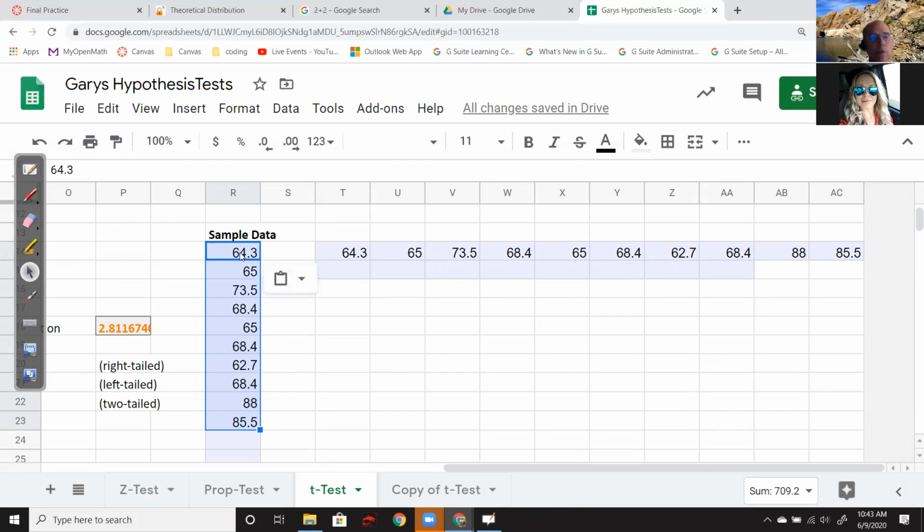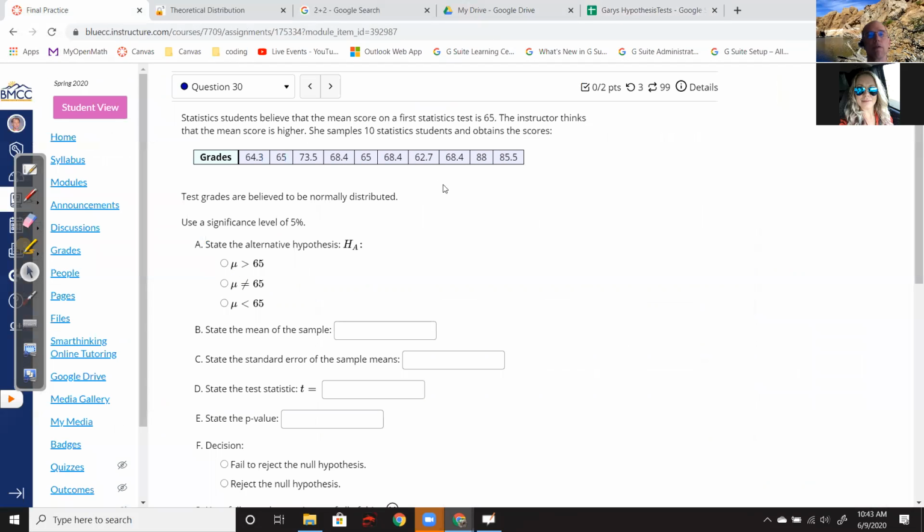And so mine starts with 64.3 and ends with 85.5. Yours pasted wrong. Okay, so to double check how to paste this right, and it depends on the browser too sometimes, what browser you're using. It pastes one big number. Okay, so that means you highlighted too much stuff. So when you use your mouse on the screen, you want to be really careful to just barely start on the edge of the first number and right at the edge of the last number.